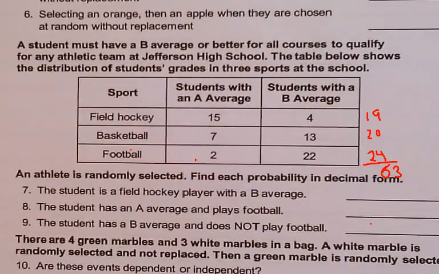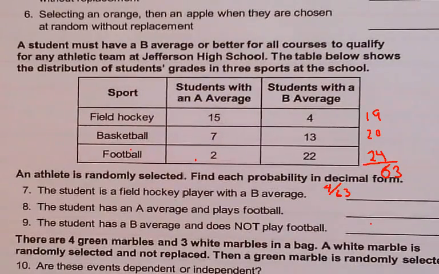So, what's the probability? I grab one of these kids. There's 63 kids to choose from. So 63 is the bottom of the fraction. What's the probability that I have a field hockey player with a B average? Well, that would be 4 out of 63. What's the probability that he's an A student that plays football? Close my eyes.